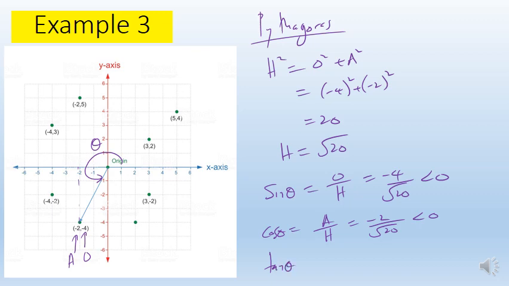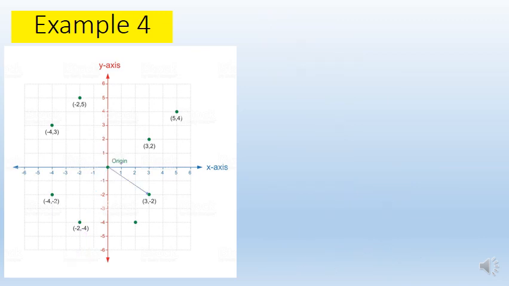And we know that tan theta is positive. Let's have a look and see. That's opposite, minus 4, over minus 2, which is plus 2. And as expected, it's greater than 0. Can this get any easier? And you thought trig was difficult. No. Because we're having so much fun, we just can't put our pens down.